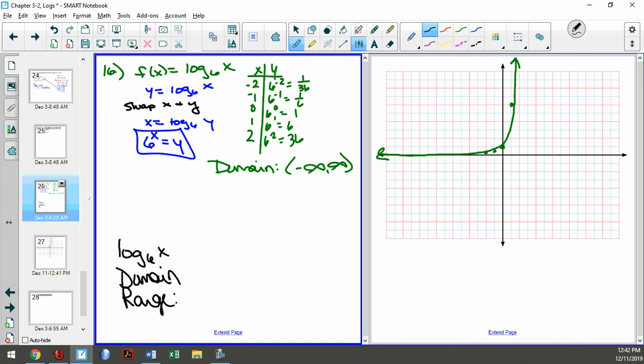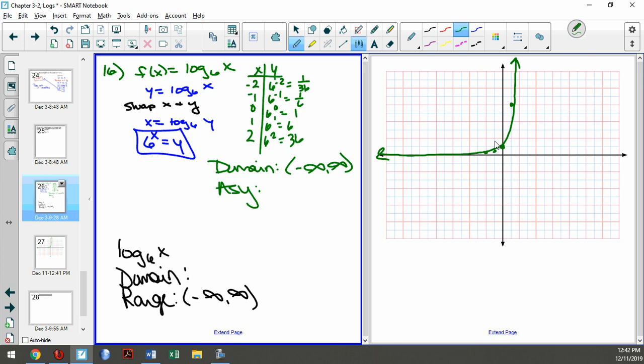Yes? Which means if I'm doing log base 6 of x, my domain and range are going to be opposites of that. So if the domain of my exponential is -infinity to infinity, what's going to be the range of my logarithm? That's going to be -infinity to infinity because they have to swap. So now, I want to know what my asymptote is. Why am I asking for my asymptote before the range? Because that's what we did the entire time before, yes? What's my asymptote for my exponential? What is it never going to cross?